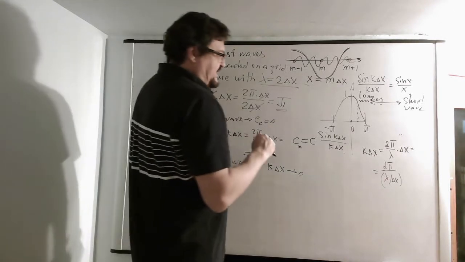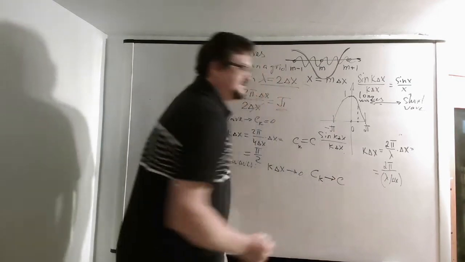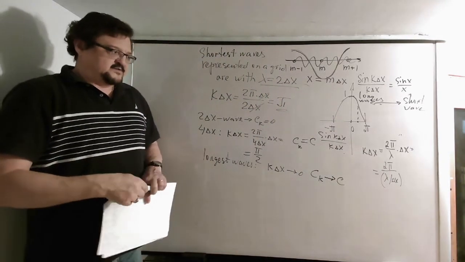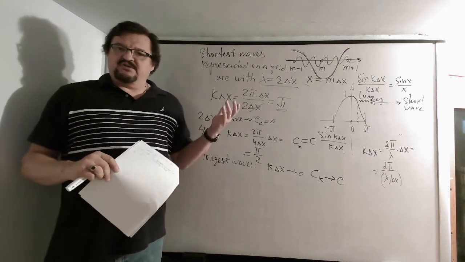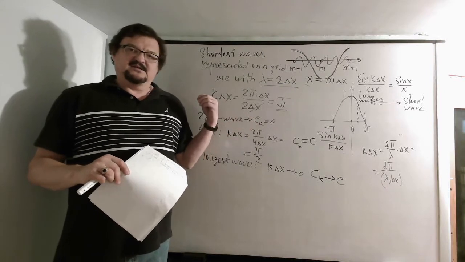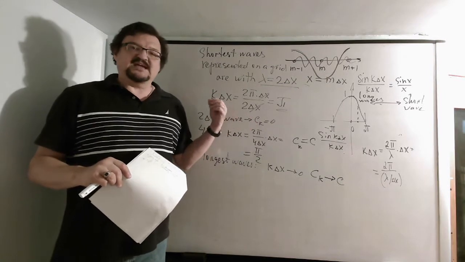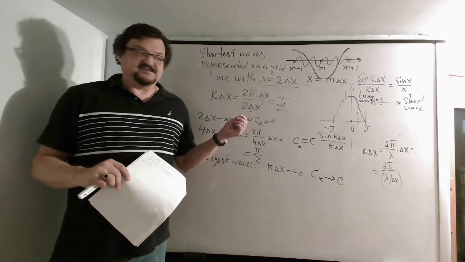And if you do that, then we see that c_k is approaching the correct c. So we see that dispersion error is not the same for different waves, of course, but the biggest error is for shortest waves and the smallest error for long waves.